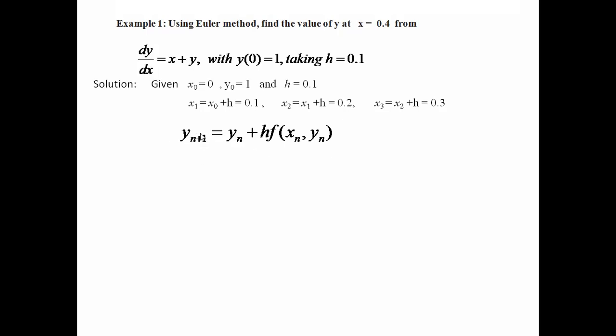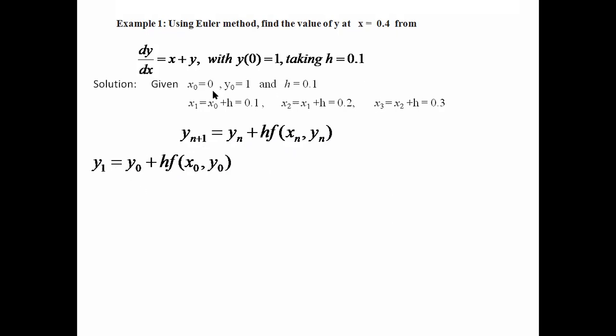From this formula, to get y1 you have to put n is equal to 0. When you put n is equal to 0, it gives y1 is equal to y0 plus h into f of x0 comma y0, because we are taking n as 0 to get y suffix 1.